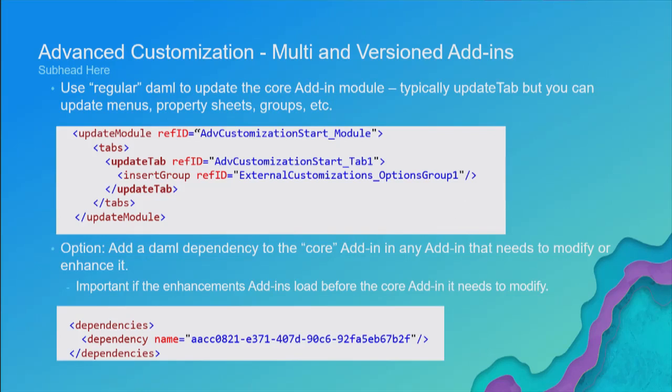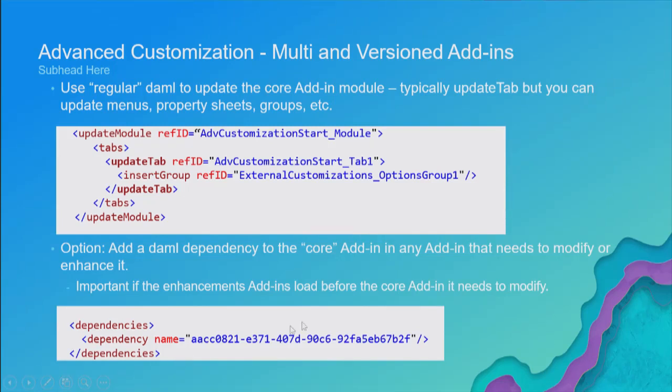If there is a load order dependency, that is to say that the extensibility add-in, your customization add-in, loads before the module it wants to update, you can deal with that with this dependencies tag. Simply say dependency, and then the ID of the add-in it is dependent on, this name attribute.